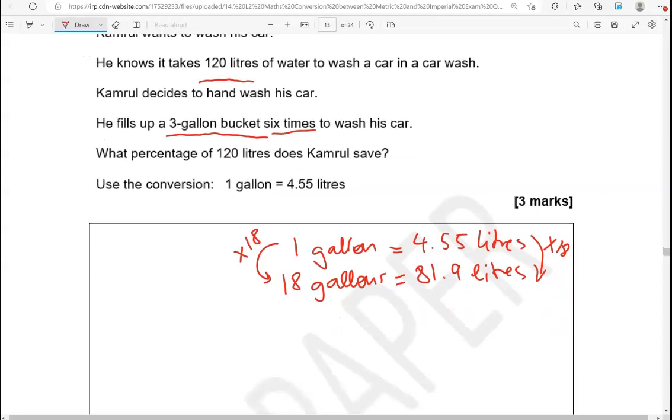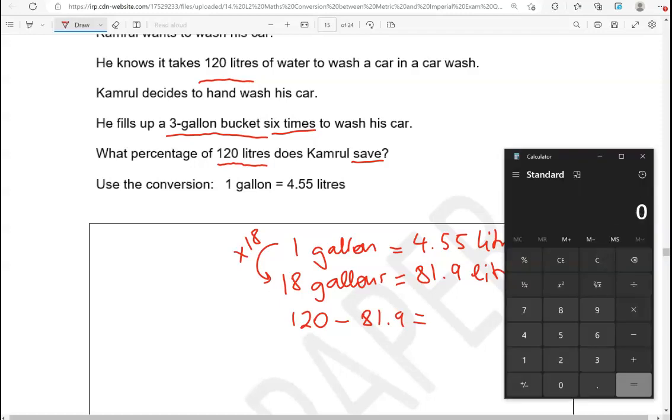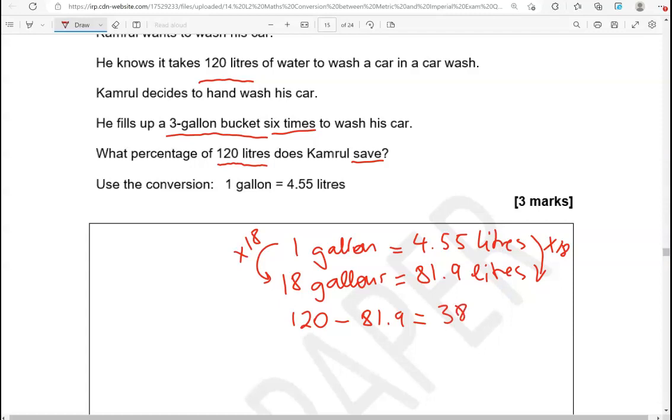Question is, what percentage of 120 litres does Cameron save? So we'll do 120, take away 81.9, which is 38.1.